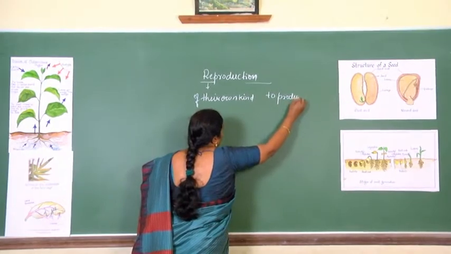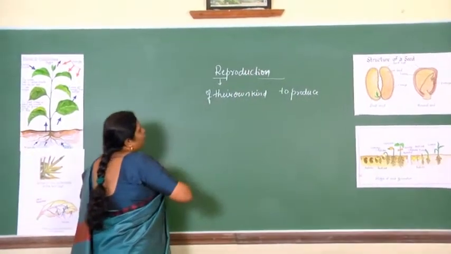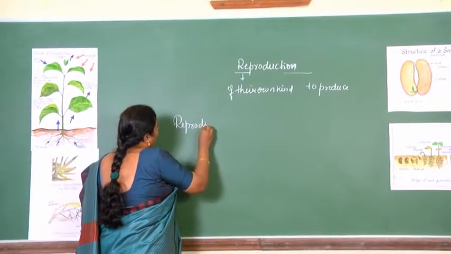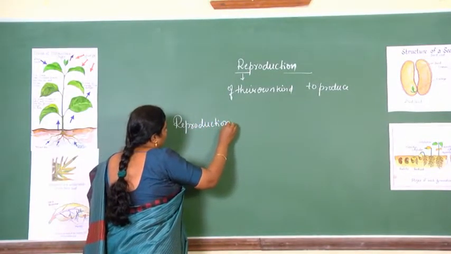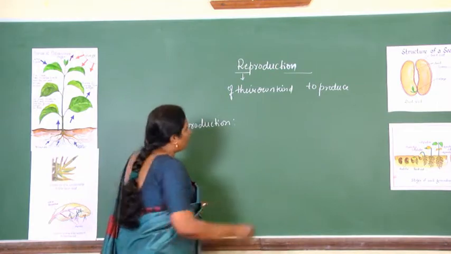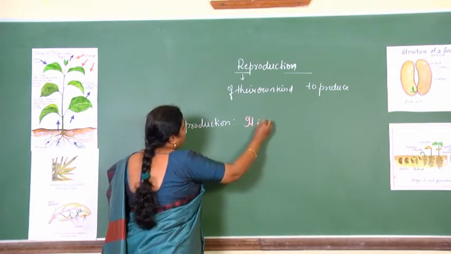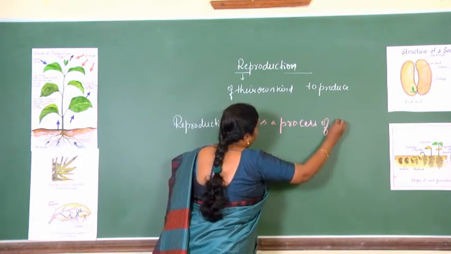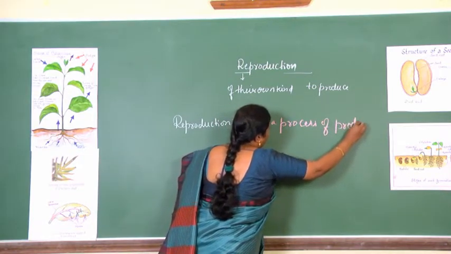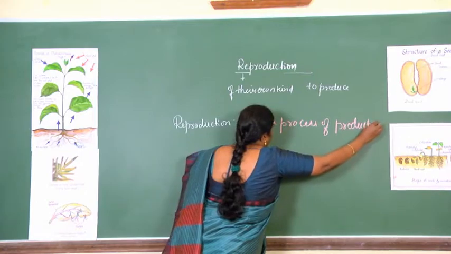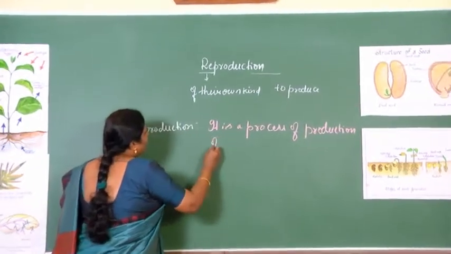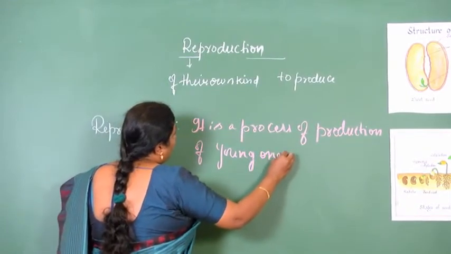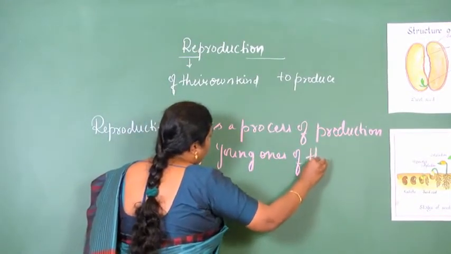So reproduction is a process of production of young ones of their own kind.